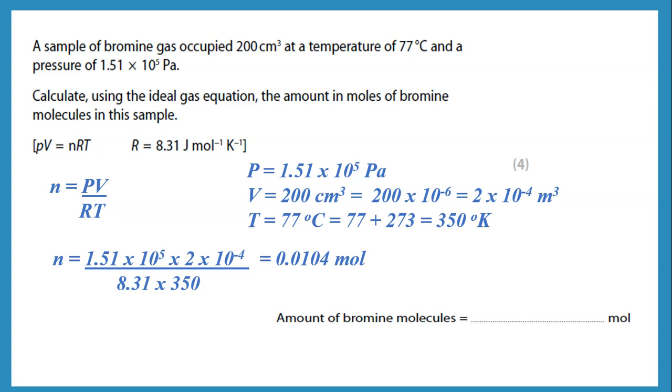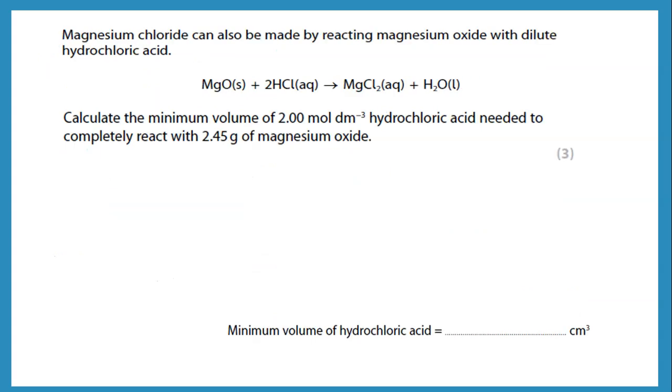We put the volume in meter cubed, divided by R. R is always 8.31, so it's a constant. And the temperature we got is 350 Kelvin. That gives me the number of moles is 0.0104 mole. You could either leave it like that or put it in what we call the standard form.